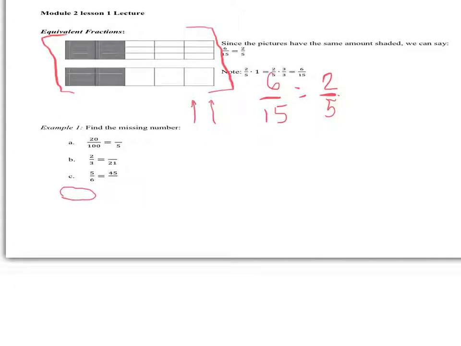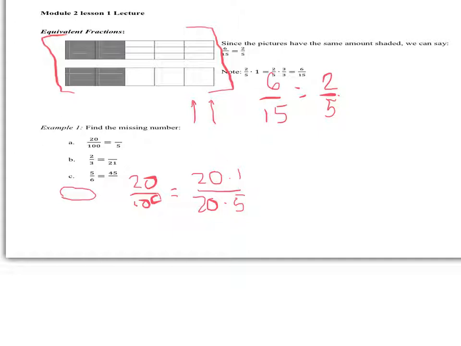So what I can do here is take my left-hand fraction, 20 over 100, and write that as 20 times 1 over 20 times 5. 20 times 1 is 20, and 20 times 5 is, in fact, 100.